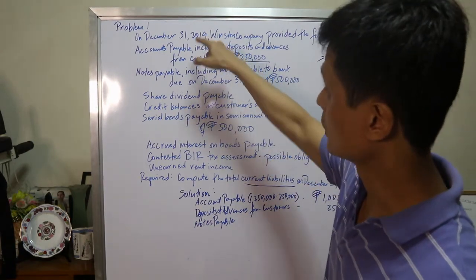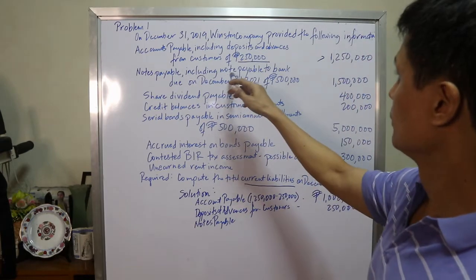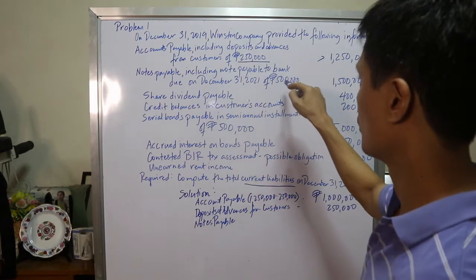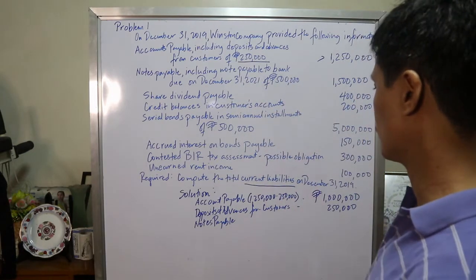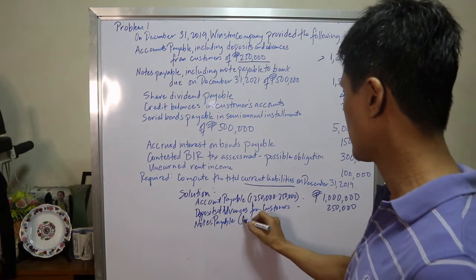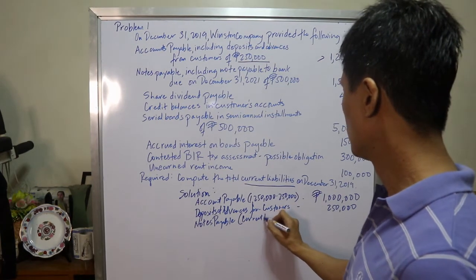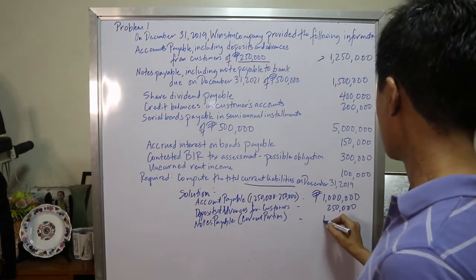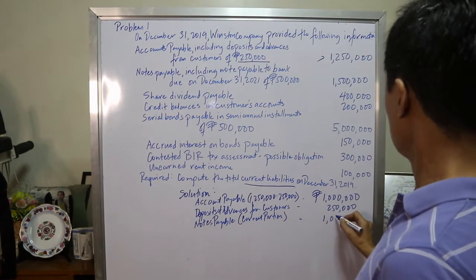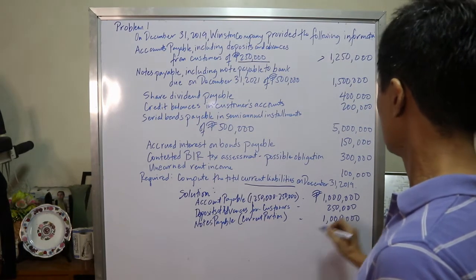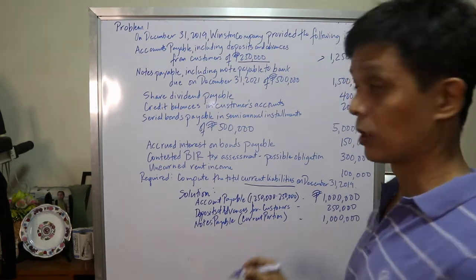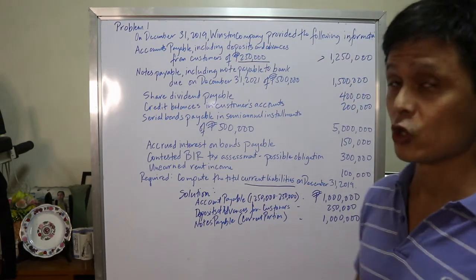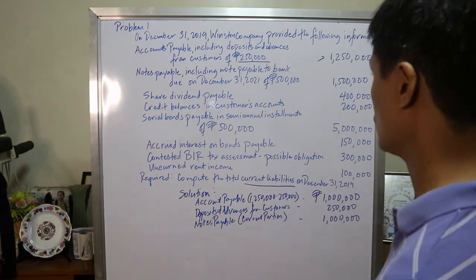Since we're doing yung sa December 31, 2019, tatanggalin natin yung magjuju sa December 31, 2021 na 500,000. So ang current portion is 1 million pesos. Tinanggal lang natin yung 500,000 out of the 1,500,000 na notes payable.